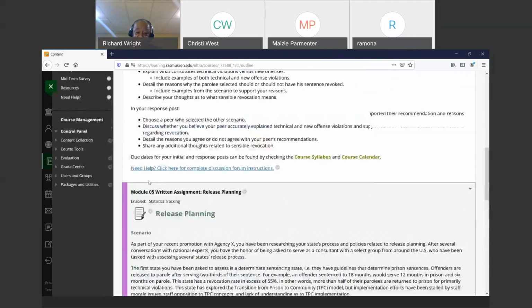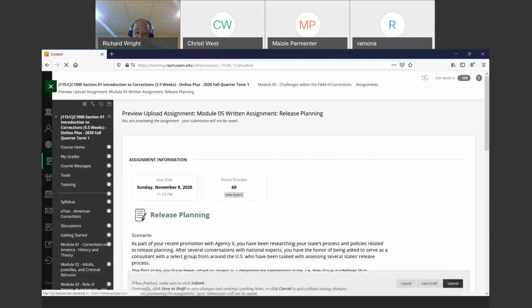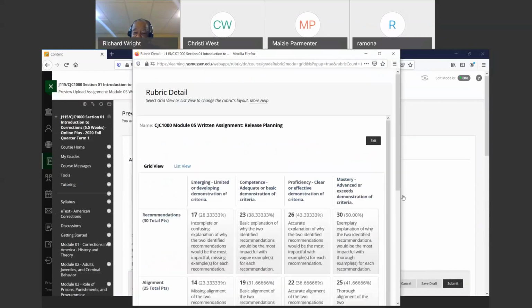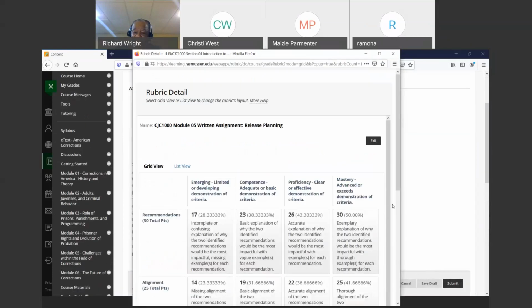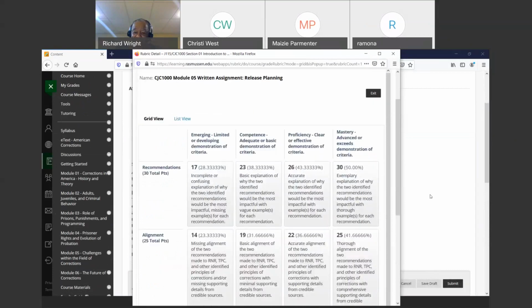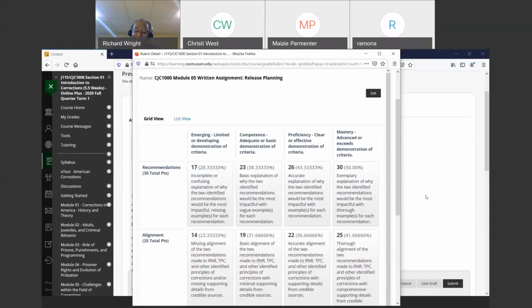So now let's go look at the rubric, all important rubric. So it's due Sunday, the 8th, and for 60 possible points, which is a perfect score, remember what I said. Which column do you pay attention to?